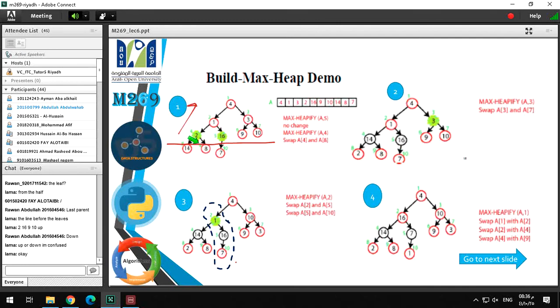So the first problem is with this leaf, 2. 2 is actually smaller than 14 and 8. And here the second one, 16, is bigger than 7, so this is okay. So we have a problem with the 2 and 14. So maxify this node. So 2 will be 14 and 14 will be 2. Swap.